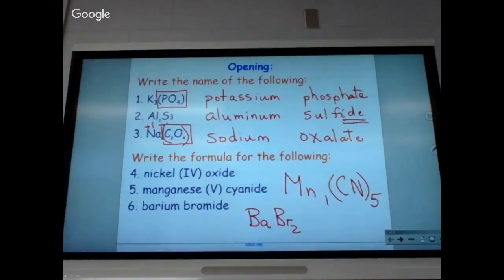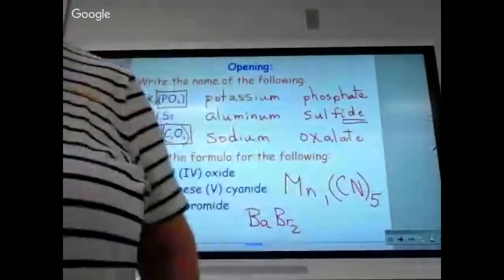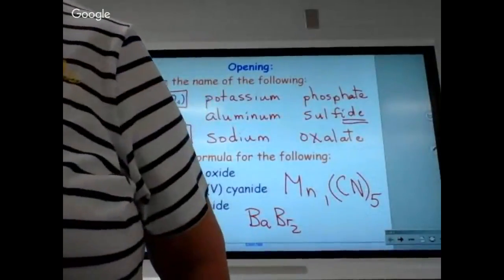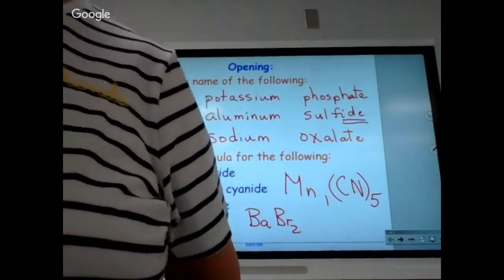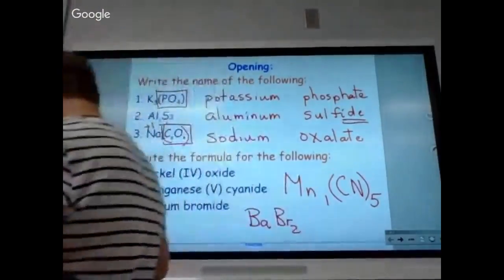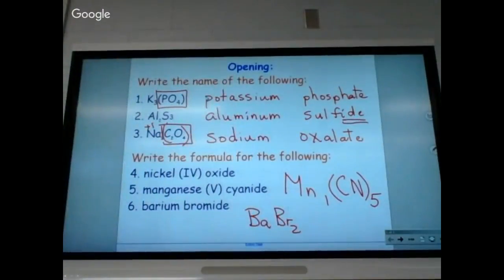All right, questions? You want to do homework? All right, let's look at homework real quick. See how bad my handwriting looks on the key. It doesn't look terrible. Some of the keys are blank. This one actually has it.